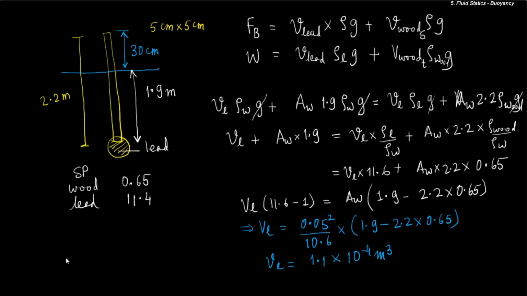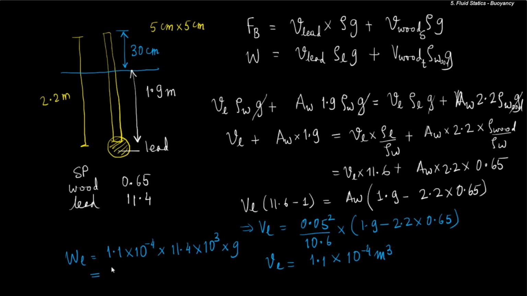Correspondingly, the weight of lead is the volume of lead, which is 1.1 times 10 to the power minus 4, times the density of lead, which is 11.4 times the density of water, times g.